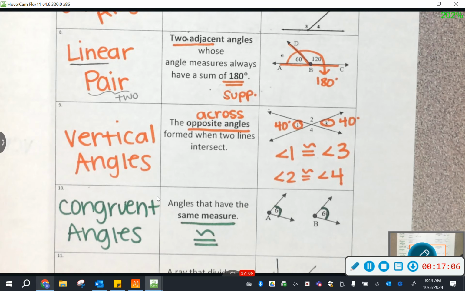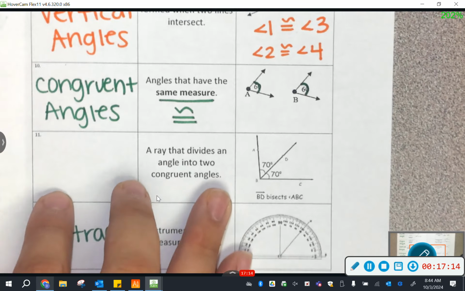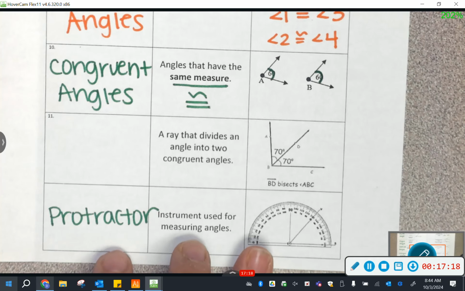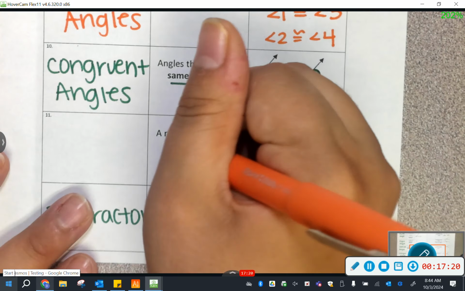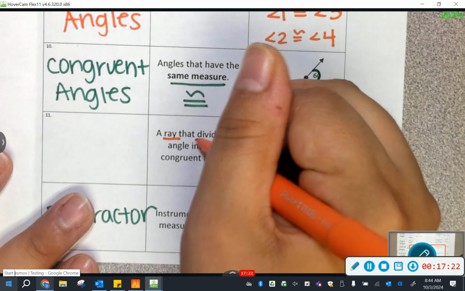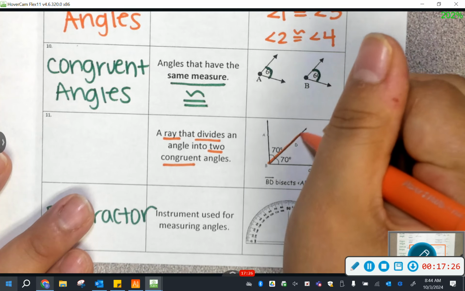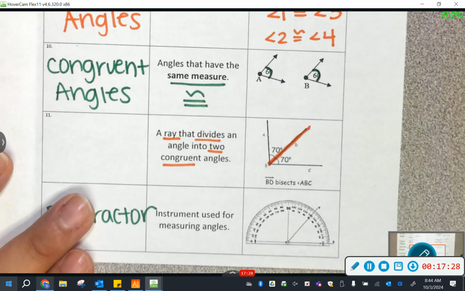All right, last one, and then I'm done, almost done teaching. Yippee. We talked about this on Tuesday. I mentioned it very briefly. What is it called when a ray divides into two congruent angles? What happens when I cut this in half?